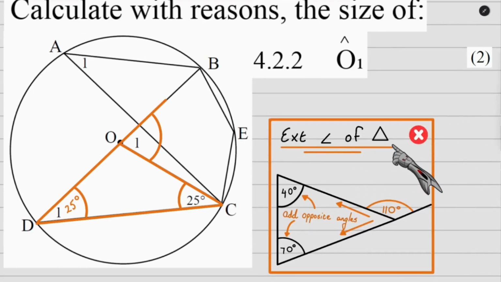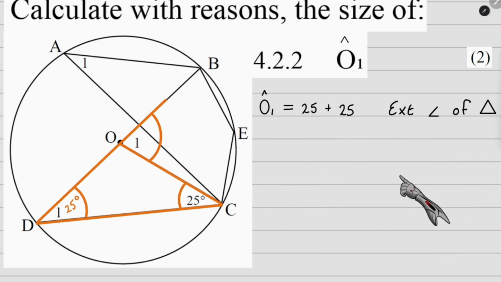So we're going to use the following theorem: exterior angle of triangle. How it works is to get the exterior angle, you go to the opposite interior angles and you add them together and it gives you this exterior one. Applied in the context of this question, the opposite two angles are these 25s. So I add those together to get O1. Let's quickly go through how we're going to write that up.